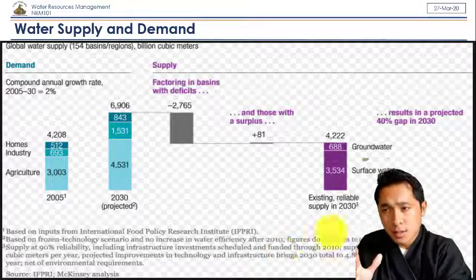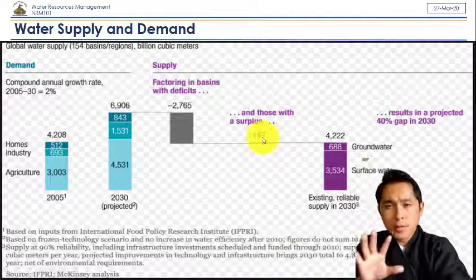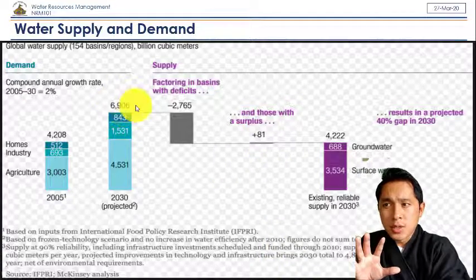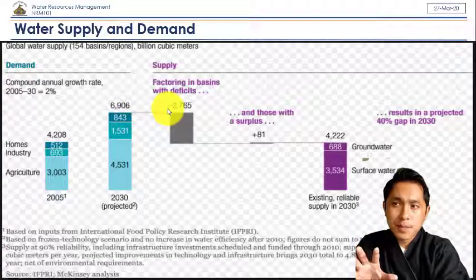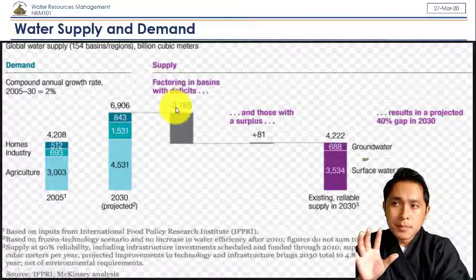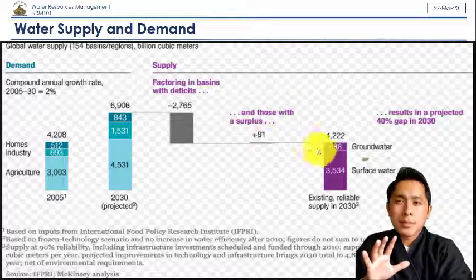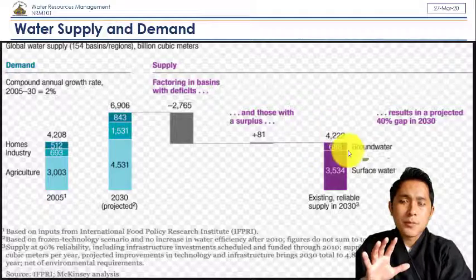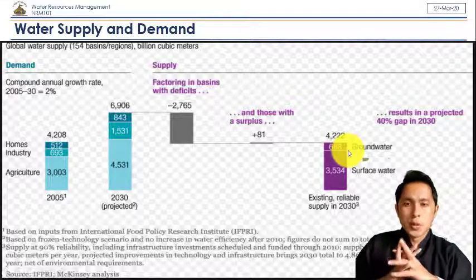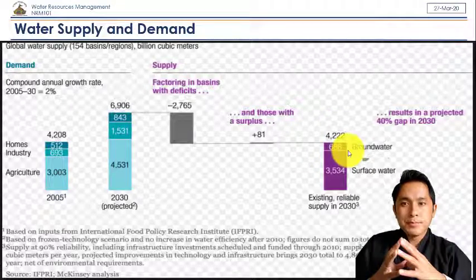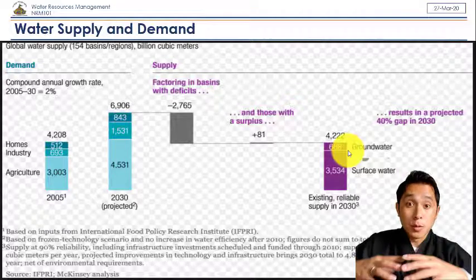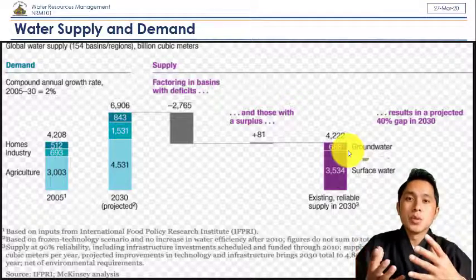So we are adding this up. Basically 6,906 minus 2,765 plus 81 gives around 4,222 worth of water that we need to supply in order to meet our demand.